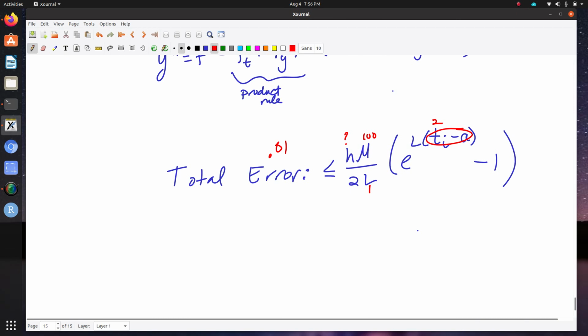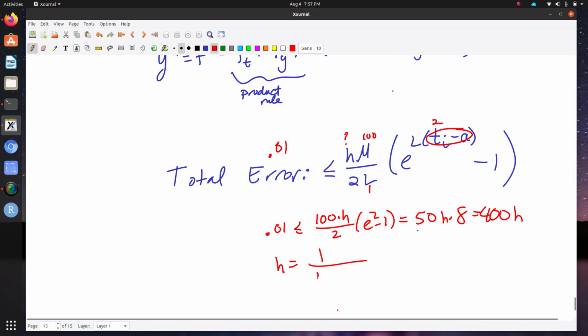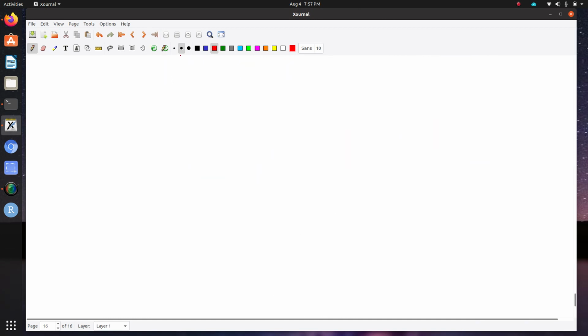Let's put all these pieces together. 0.01 is less than or equal to 100h over 2 times (e squared minus 1), which is 50h times 8, which is 400h. In that case, h is going to be 1 over 40,000, which is yikes. But it doesn't matter. This is the year 2020, so we can try it. Okay, let's just try it.